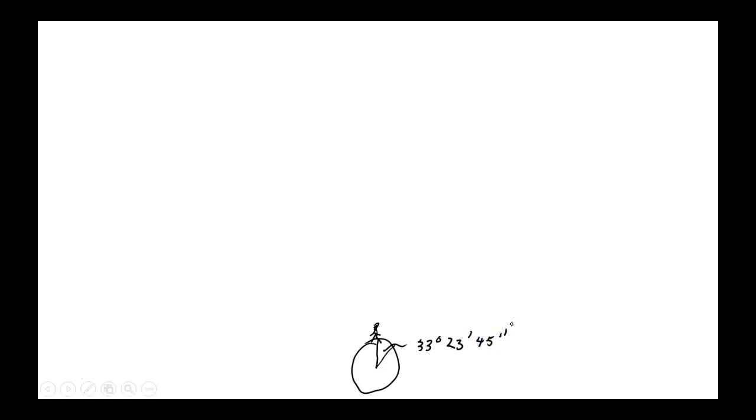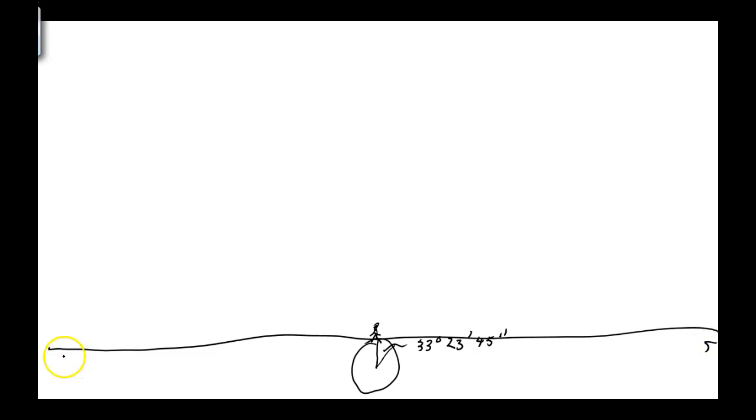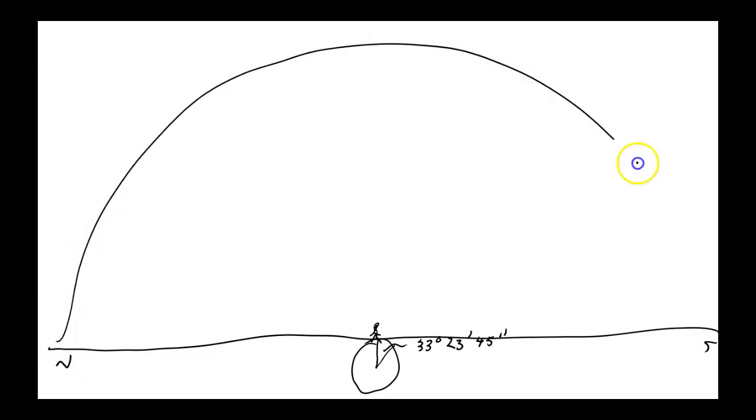That's our latitude here in Bessemer, Alabama, approximately, okay? Here's our horizon. Here's the south horizon. Here's the north horizon. Here's our celestial sphere, or hemisphere.